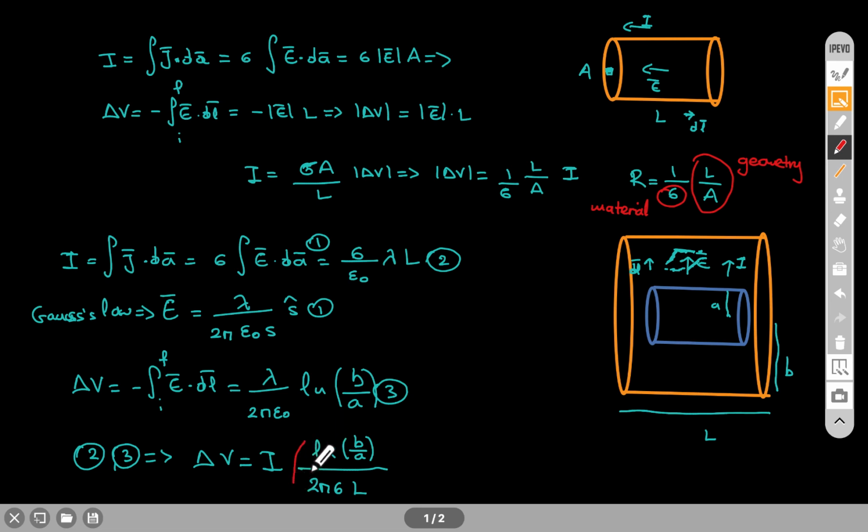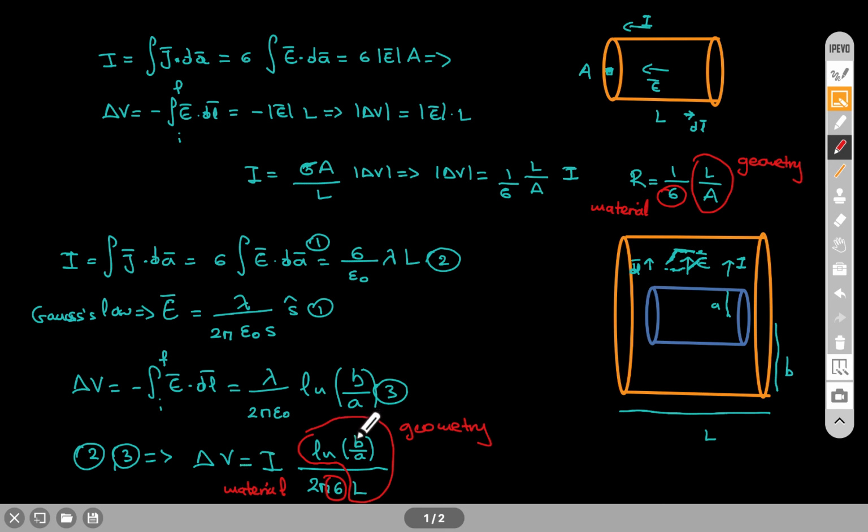Now, the part that depends on the geometry is this one. And of course you have the conductivity here, and this shows you that your resistance depends on the material as well.